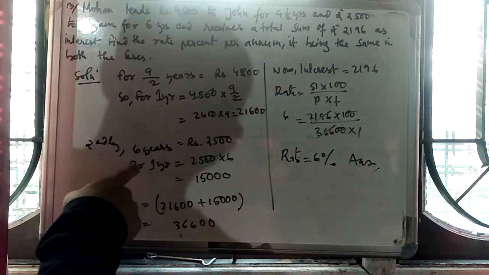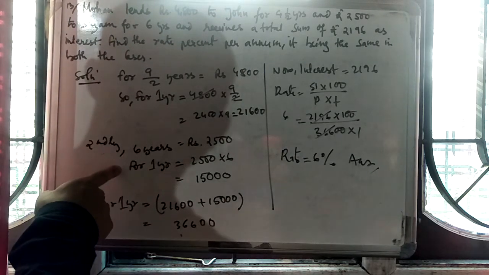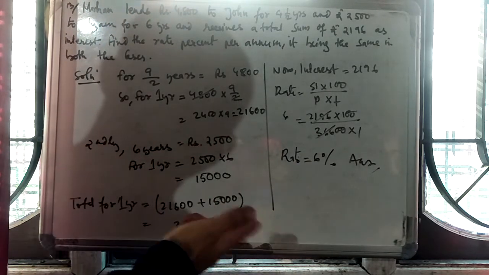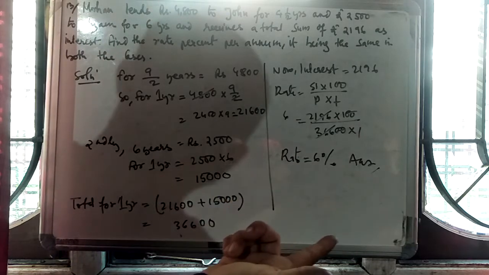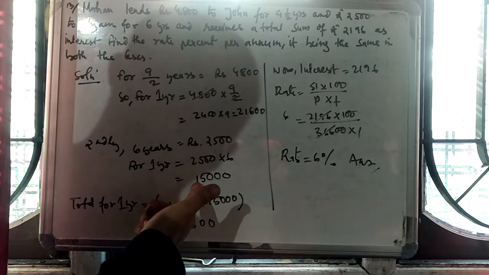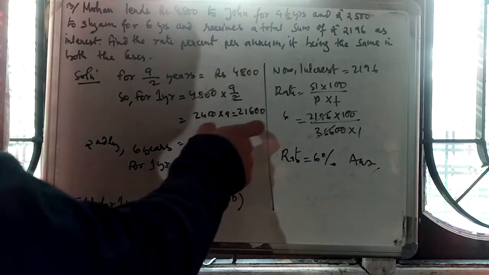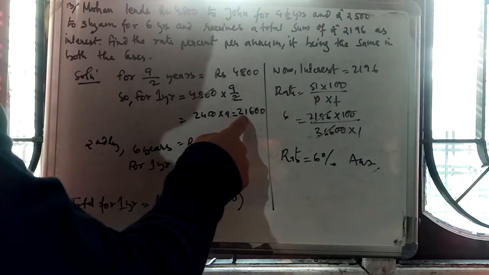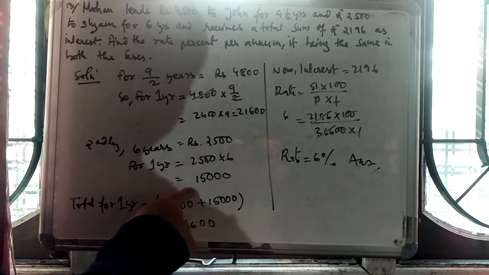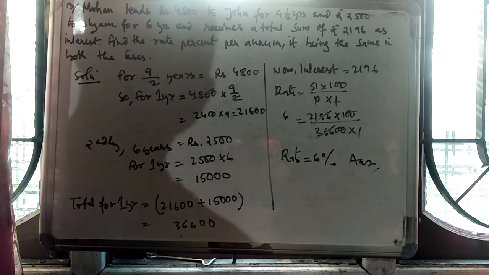Secondly, for 6 years, this one is for John and this one is for Shyam. For 6 years on 2,500, for 1 year he got 2,500 into 6, so if you take that out, 15,000 is the interest. So 21,600 is John's and 15,000 is Shyam's.